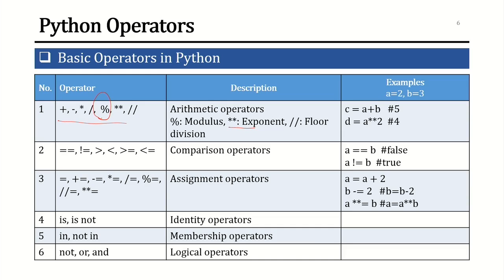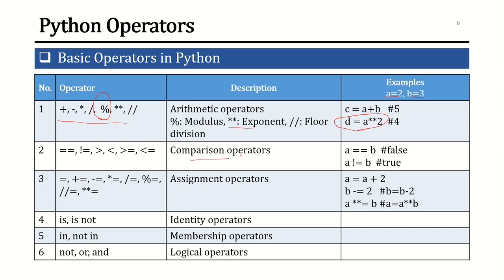For example, suppose you have A equal to 2, B equal to 3 here. And next, if you say D equal to A, exponent of 2, that means you can get 2 to the power of 2. So that means the result is 4. And we also have some other operators.